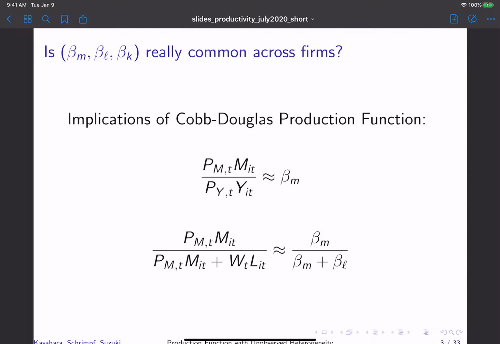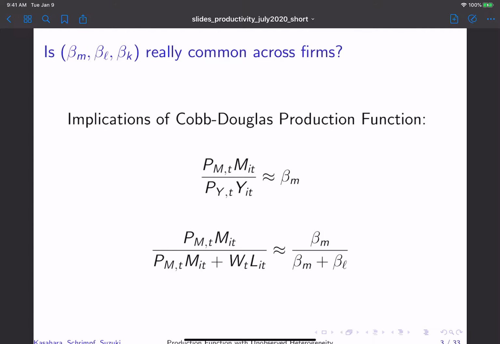One implication of the commonality of the coefficients is, just like the original Solow residual is computed, you can think about the material share. Well, the material share could be subject to differences in the markup.